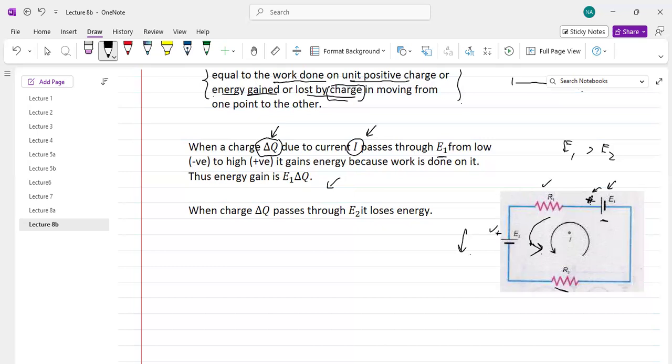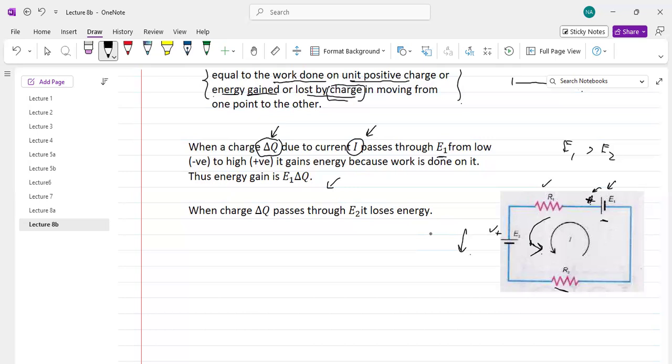But you should not worry about it. It may be considered any direction, and the correct direction will be decided after finding the resultant current in the circuit.